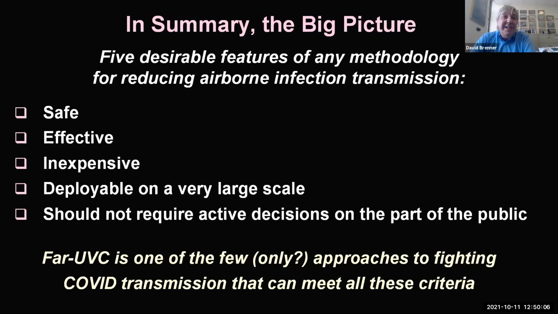A technology that doesn't require active decisions on the part of the public is clearly a desirable one. So I would make the claim, and I think we can argue the point, that Far-UVC is one of the few, maybe the only approach to fighting COVID transmission that meets all 5 of these criteria.